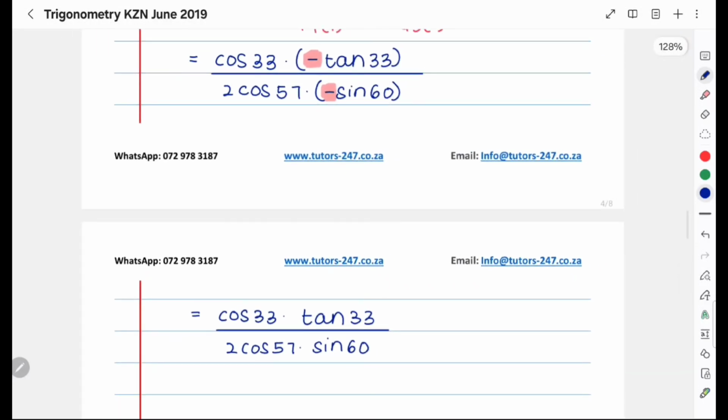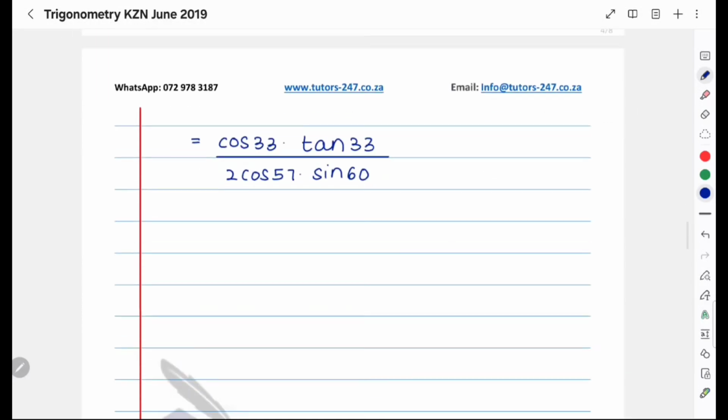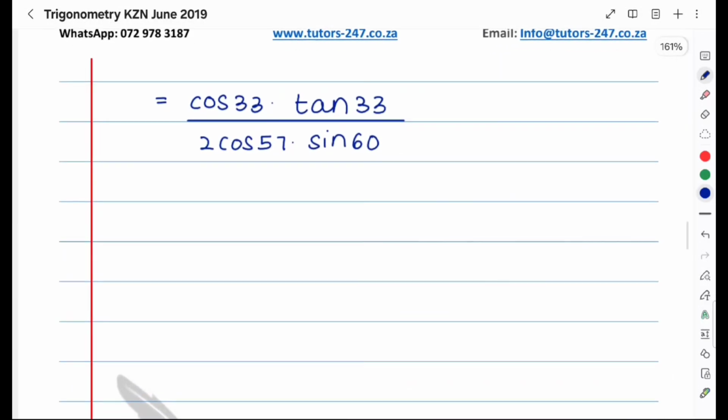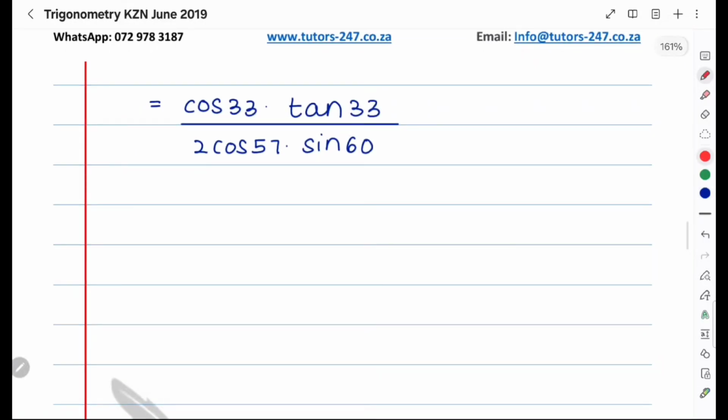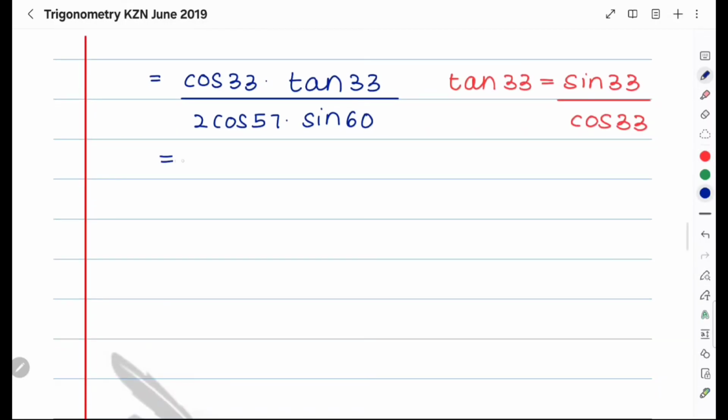So all we did was cancel out the negative signs. From here, something that is important to take note of is that tan is equal to sine over cos. That is an identity. So we can replace tan with sine over cos.